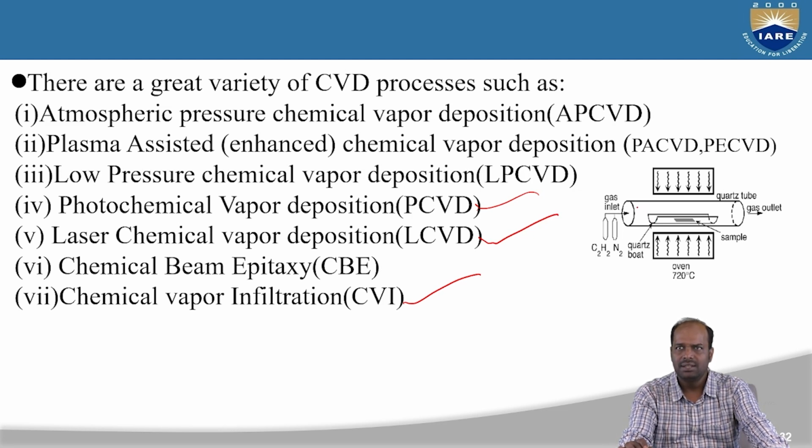This is the schematic diagram for chemical vapor deposition techniques. Here is the gas inlet, for the gases we want to pass: oxygen, hydrogen, nitrogen, or methane.